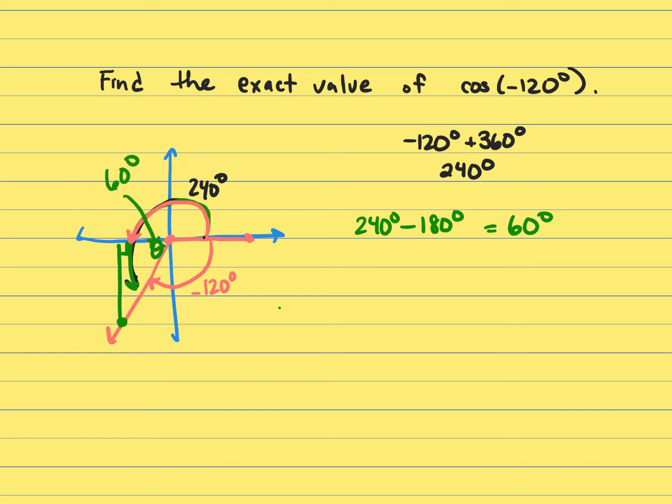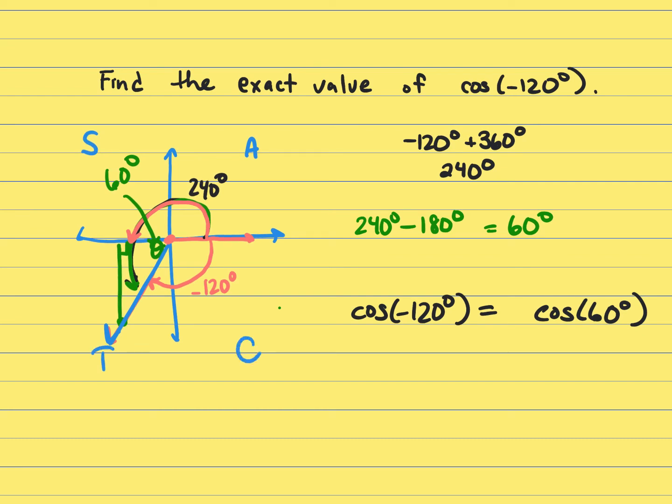Now, why that helps us to find the cosine of negative 120: we know this is going to be the same as the reference angle, so it's still going to be the same as cosine of positive 60. That's our reference angle. The only difference might be the sign. In quadrant 3, where this angle is, remember ASTC.